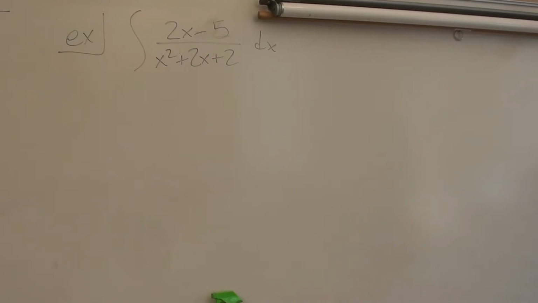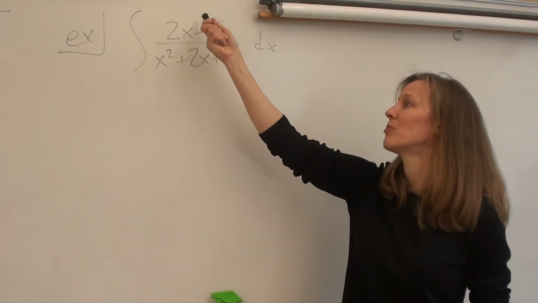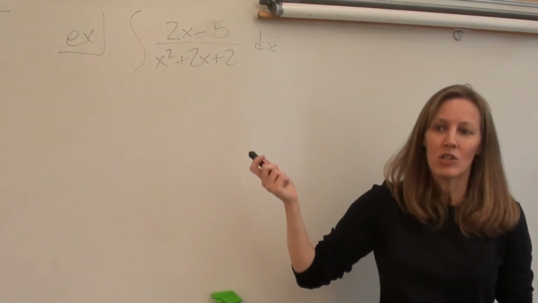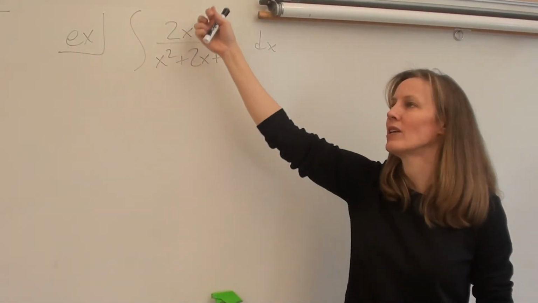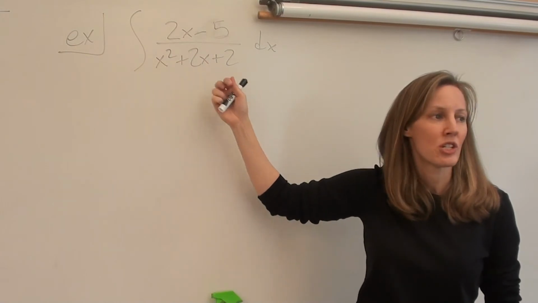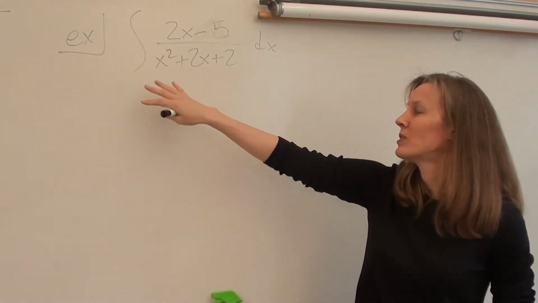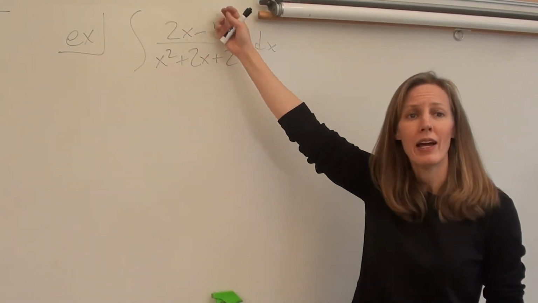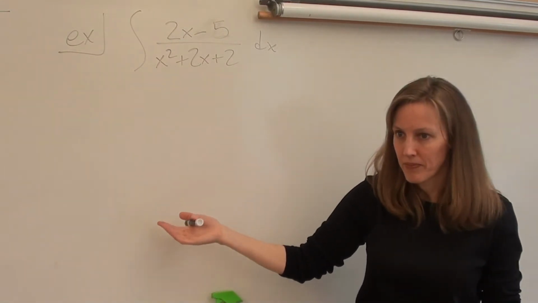Because when I take the derivative of this, I get the x, and then I end up with a 1 over u du kind of a thing. So when you have a number over x squared, that's an inverse trig. When you have an x over x squared, it's a u-sub with a possible natural log.